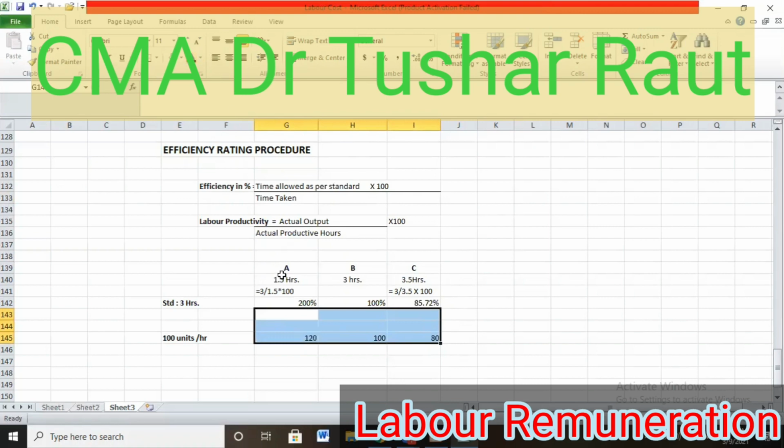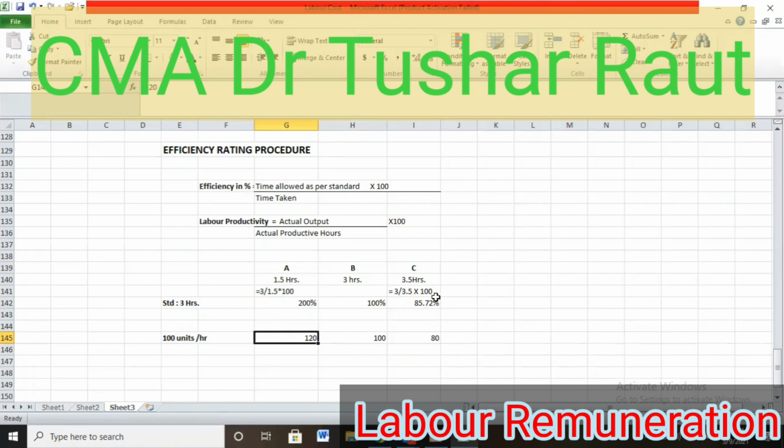A produced 120 units in 1.5 hours, B produced 100 units in 3 hours, and C produced 80 units in 3.5 hours. What does it show? That A is more efficient, B is efficient, that is doing his work at the given time 100%, and C is not up to the mark.